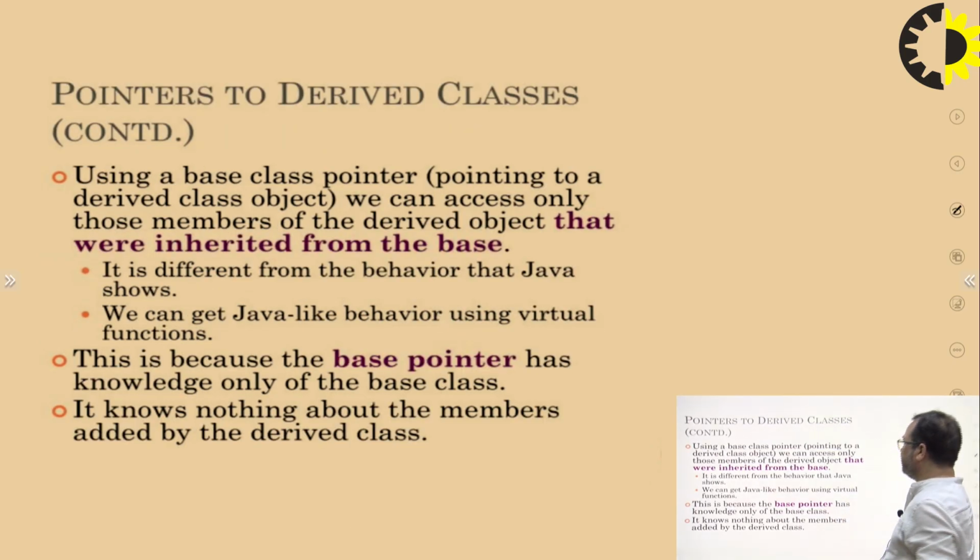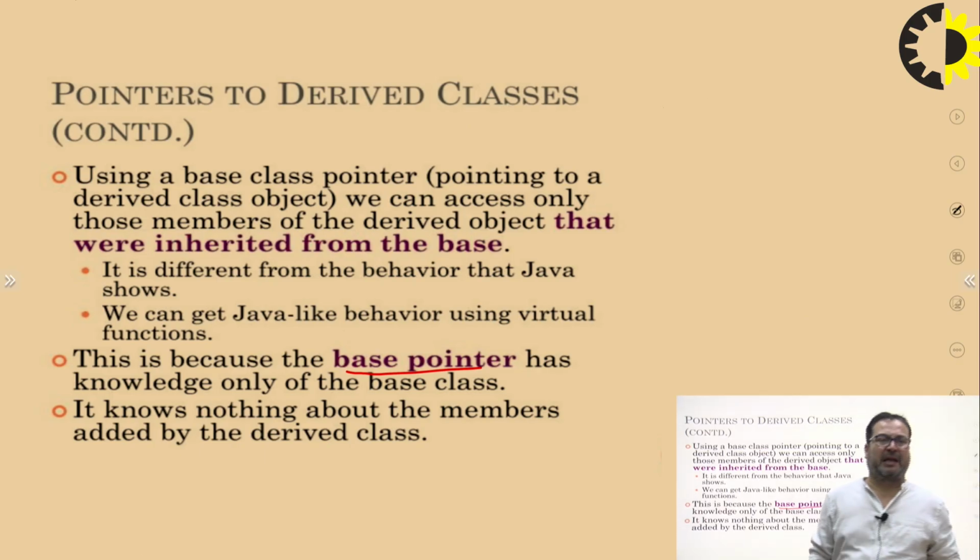Using a base class pointer that is pointing to a derived class object, we can access only those members of the derived object that were inherited from the base. This is different from the behavior that Java shows. This is because the base pointer has knowledge only of the base class.